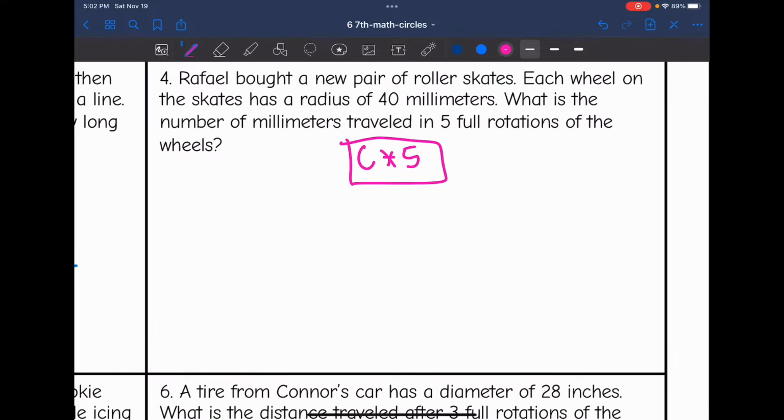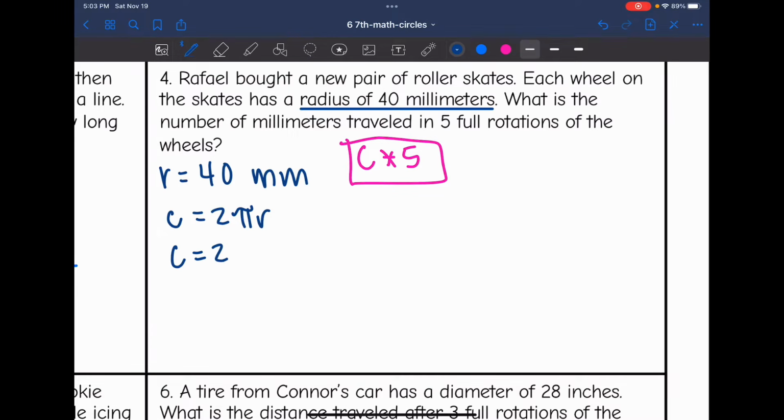So let's look at the information that they gave us first. They gave us that the radius is 40 millimeters. So I'm going to find the circumference by doing 2 pi r, since they gave me the radius. So it'll be 2 times 3.14 times 40. I'm going to multiply the simpler numbers first. 2 times 40 is 80.